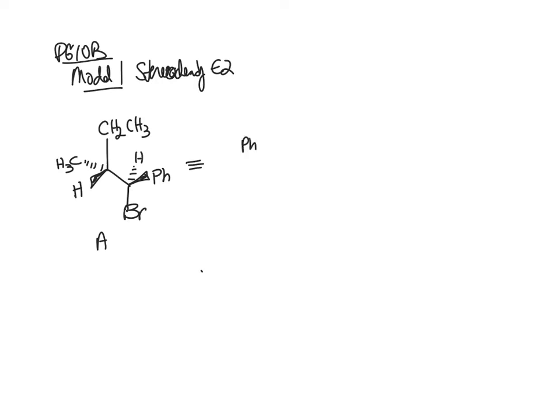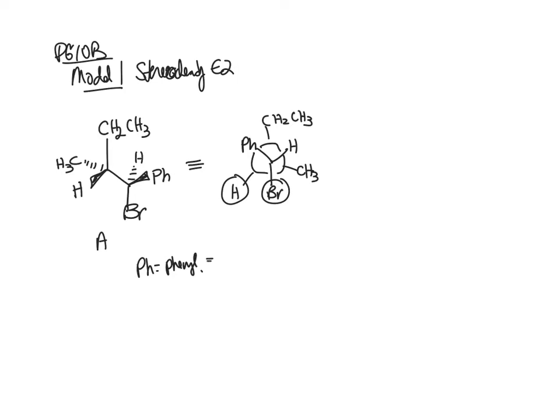Now I'm going to draw a Newman projection so you can see that. That's how we determine the dihedral angle. Ph equals phenyl, and that's C6H5, and that is what a phenyl group looks like.